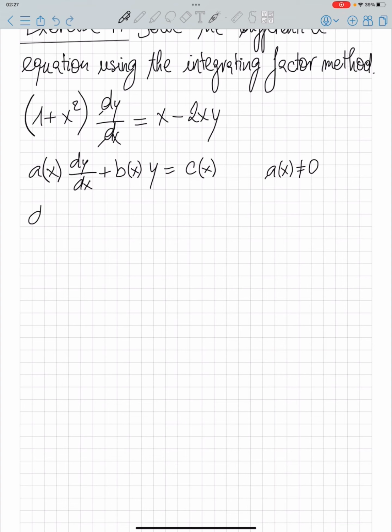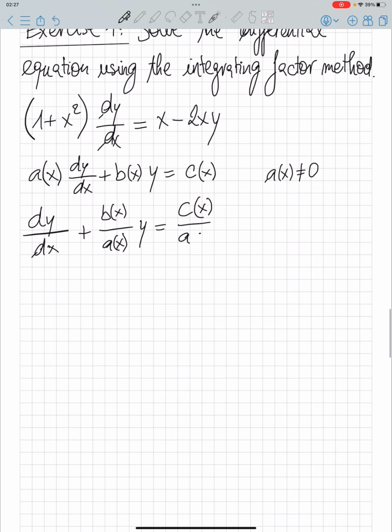So we're going to have dy dx plus b of x over a of x y is equal to c of x over a of x. Now we can see that we have our dy dx of coefficient 1, right?